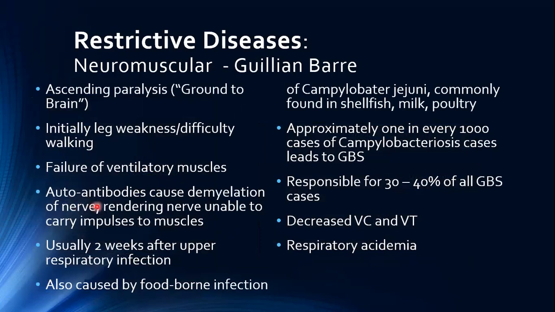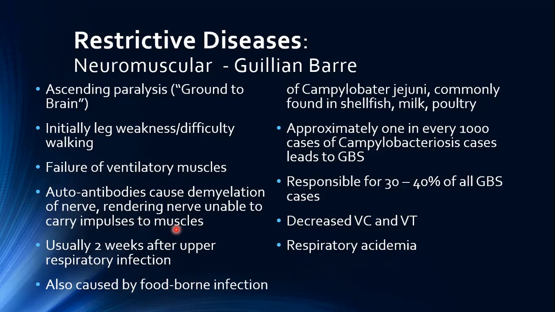So those autoantibodies, they cause demyelination. They latch on to the myelin and start eating it, right? They start eating it, and that causes demyelination of the nerve, rendering the nerve unable to carry impulses. So when you hold your charger, if you don't hold it just right and you let go, it stops. The power stops, no longer charging, okay?